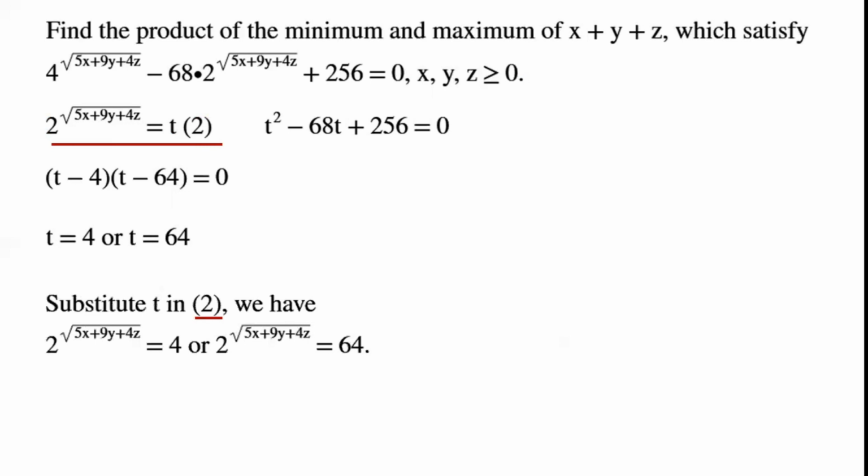Substitute t in equation 2. We have 2 to the power of root of 5x plus 9y plus 4z equals 4, or 2 to the power of root of 5x plus 9y plus 4z equals 64.